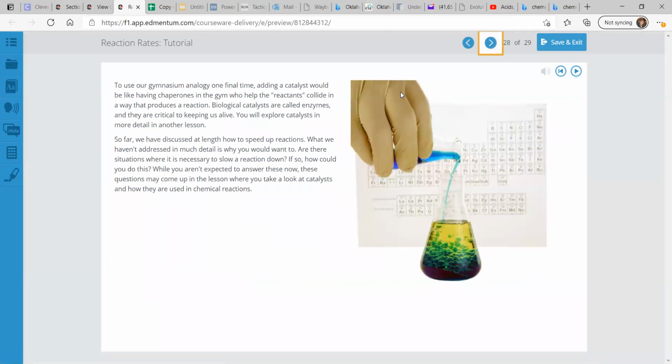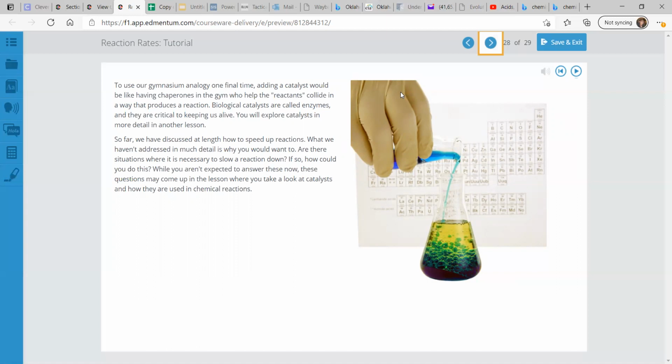To use our gymnasium analogy one final time, adding a catalyst would be like having chaperones in the gym who help the reactants collide in a way that produces a reaction. So say you had kids that did not have blindfolds on, and they could help the blindfolded kids find another red shirt or blue shirt.